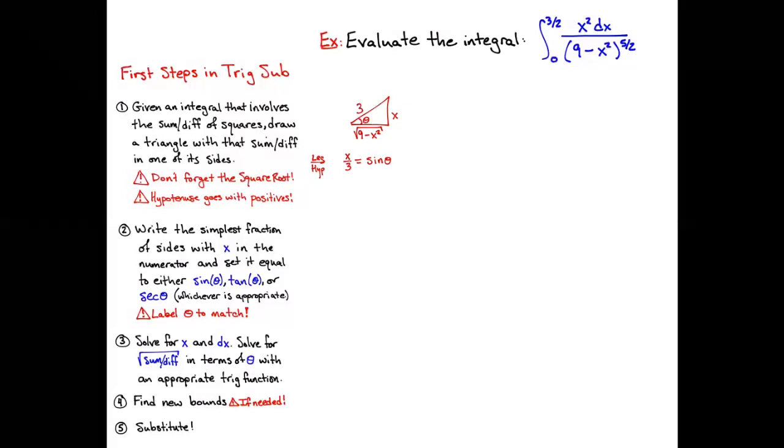Next thing we want to do is we want to be able to substitute. And so we need to be able to replace x's. And so x equals 3 sine theta. And we need to be able to replace the differential. So dx equals 3 cosine theta d theta.